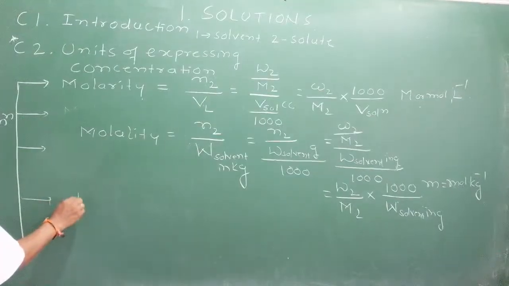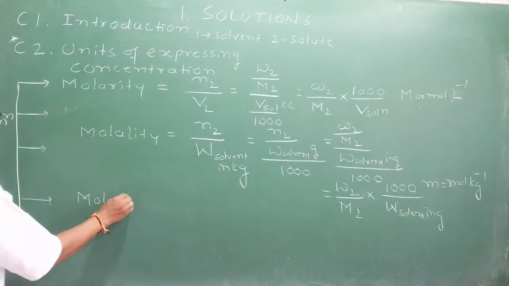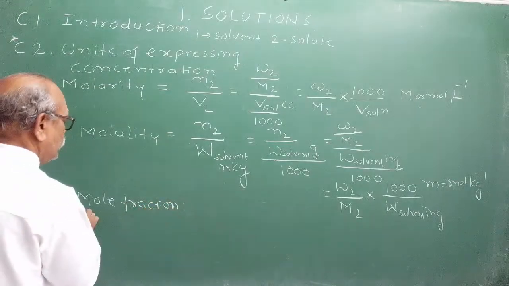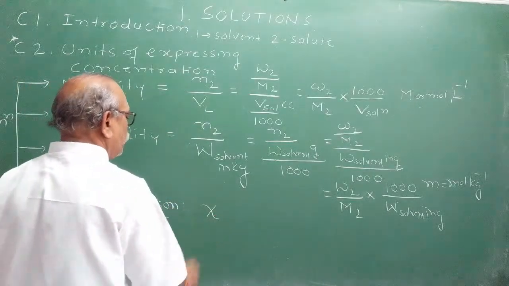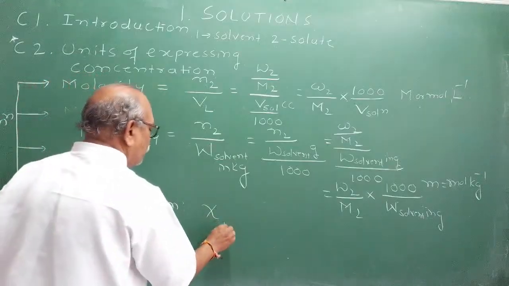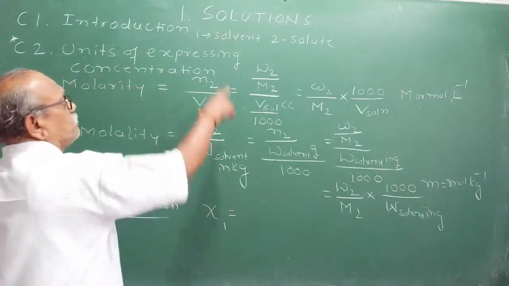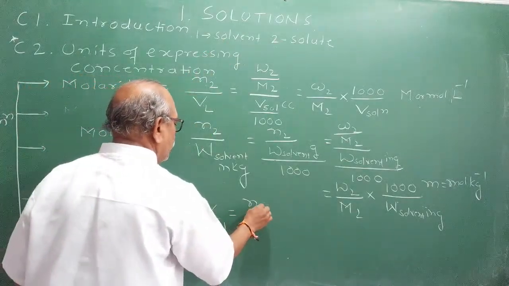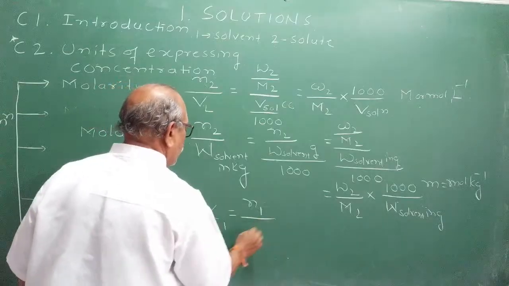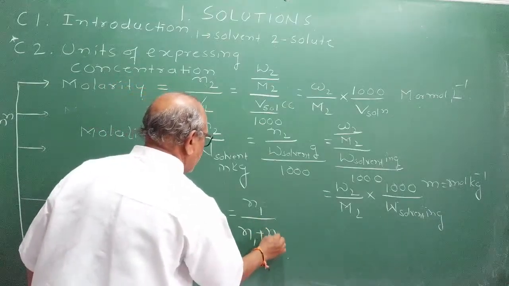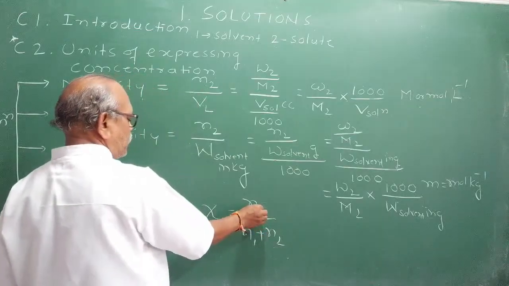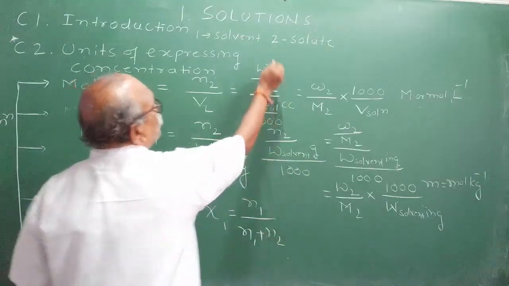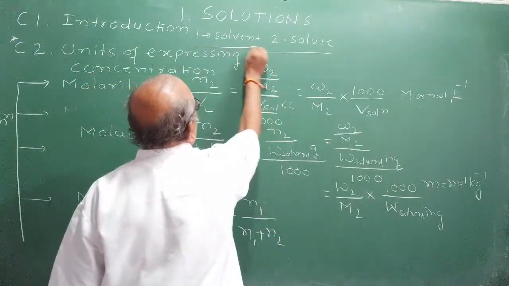Then third one comes, mole fraction. Generally it is represented by the symbol chi. Chi1, the mole fraction of the solvent, is given by N1 divided by N1 plus N2, means number of moles of the solvent divided by the sum of the number of moles of solvent and solute. 2 stands for solute, 1 stands for solvent.